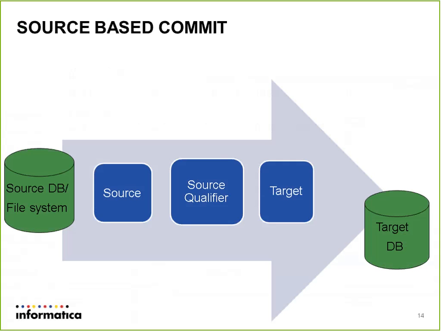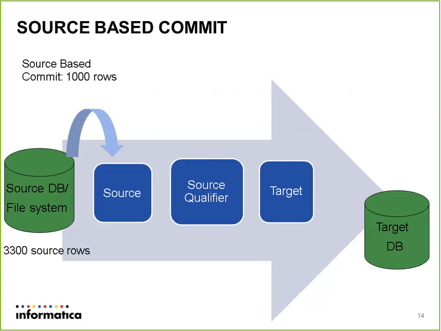So let us see an example of a sample pass-through mapping with a session configured with source-based commit of 1000 rows. Imagine the source has 3,300 rows of data. While running the session, data would be read from the source database.